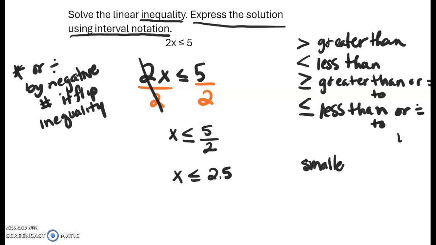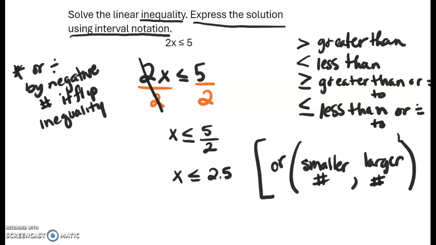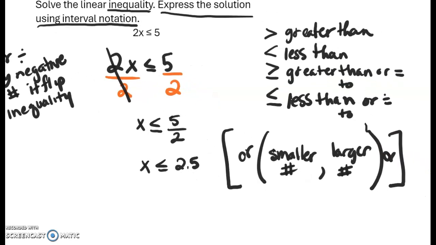You put the smaller number to the left, you put the larger number to the right, and then you have to choose either a parenthesis or a bracket on both sides based on whether it includes the endpoint or not.